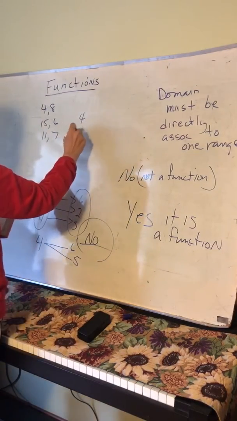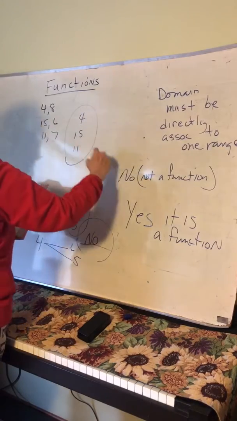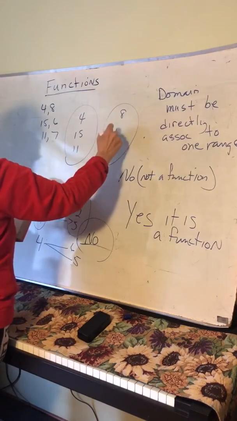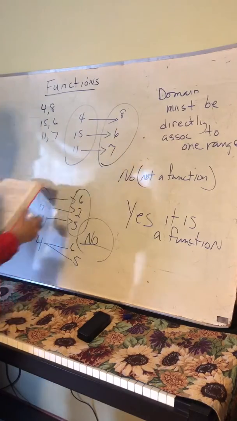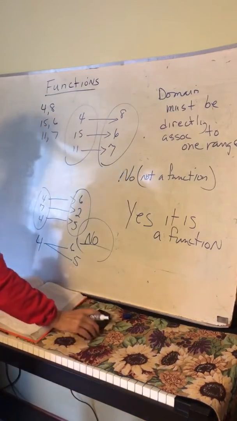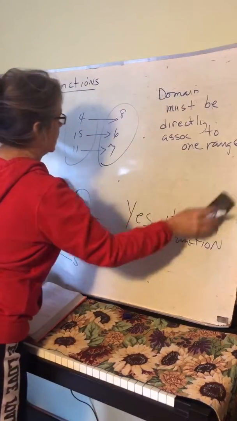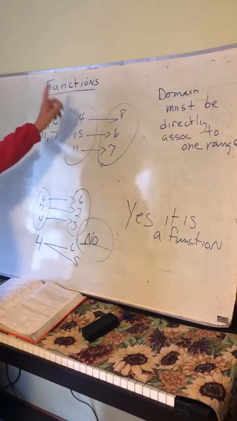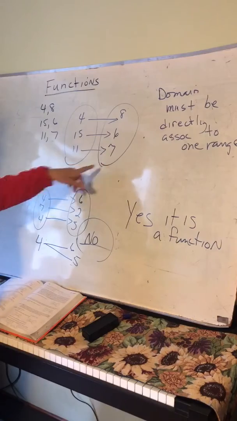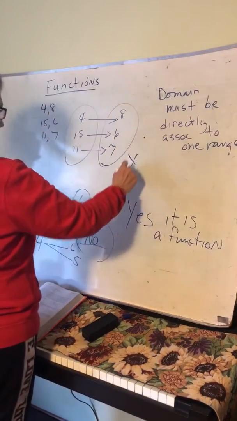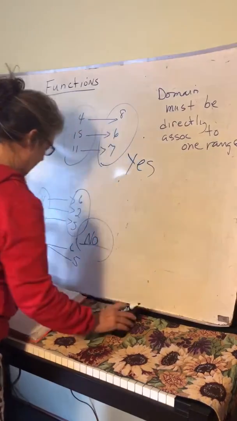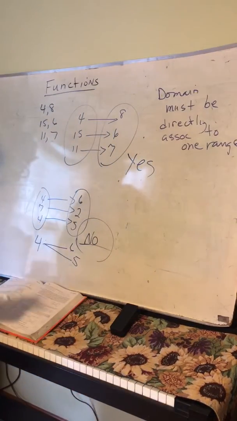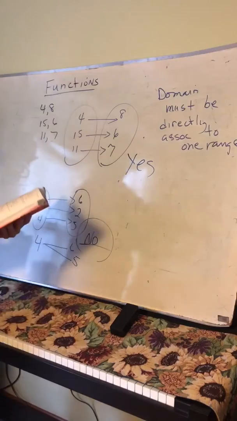Okay, 4, 15, 11 in one circle, and 8, 6, and 7. This is a function, isn't it? Every domain directly associates to one range. This is a function. Yes, it is. Okay, so that's a way to tell if we have functions or not.